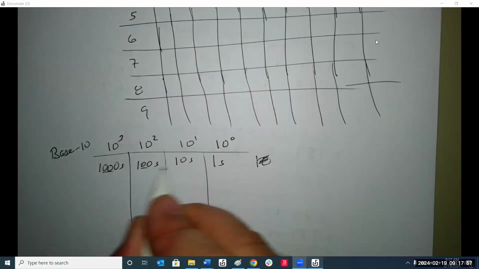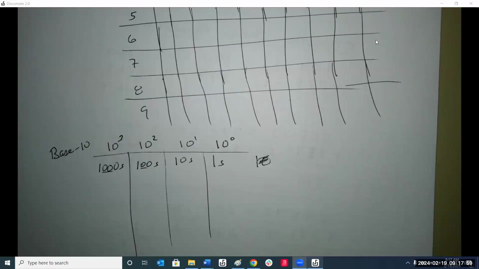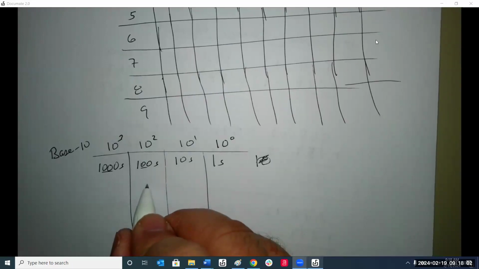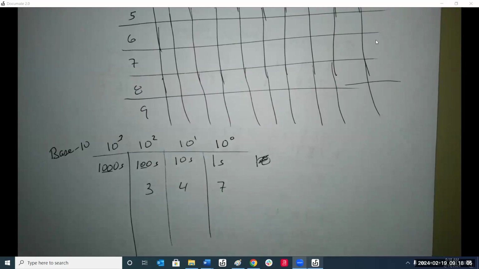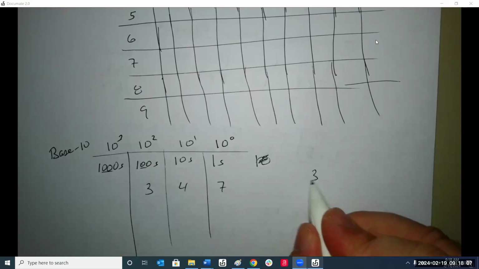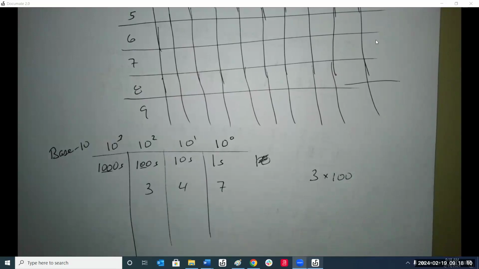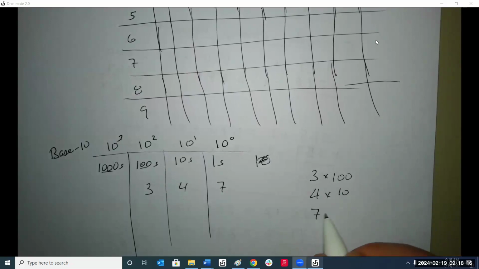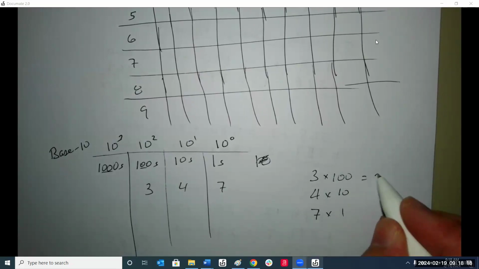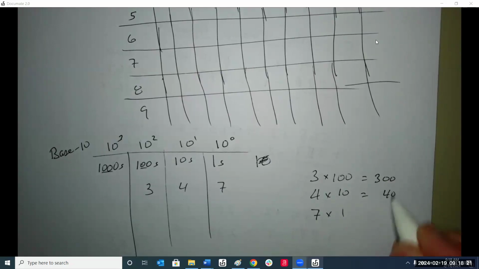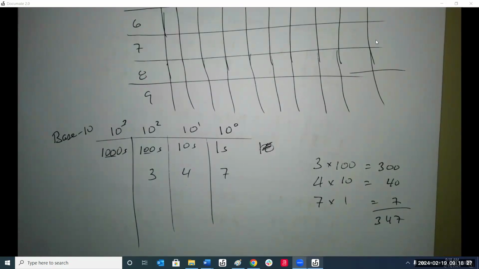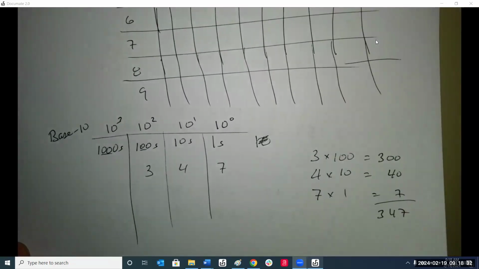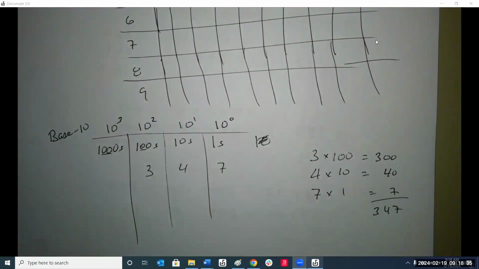The number of zeros tells you how many. So the number 347 means we have 3 hundreds, 4 tens, and 7 ones. Right, so that's a base 10 system. And this is how we would write it down.